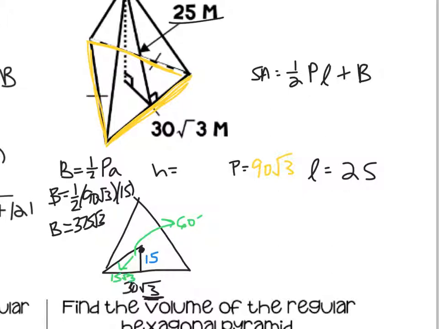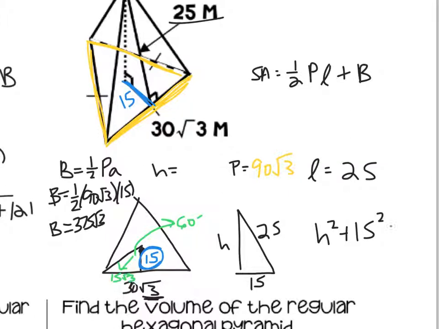I'm going to label where that apothem is. Let's say we used blue. So my apothem is 15. So right here is 15 in my original diagram. And the last thing I need is to find my height. So we found our apothem is 15. Slant height is 25. Guess what we can use? Pythagorean Theorem. Woo!